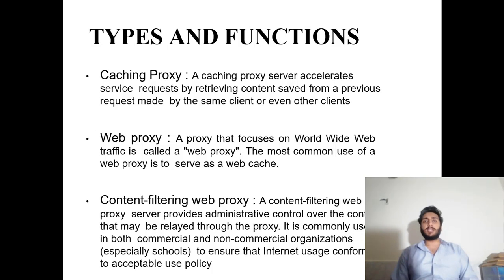The next one is the web proxy. This proxy is focused on worldwide web traffic, and the most common use is when you want to serve a network and hide your data or your IP. A common example of this kind of proxy is the Tor browser.